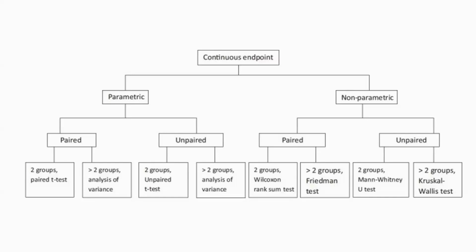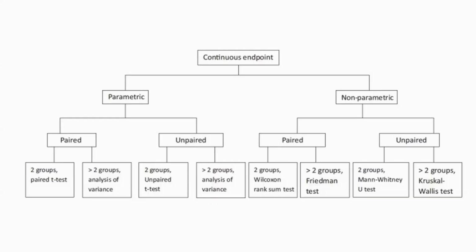In parametric also, again, the design of the study, whether it's a paired or an unpaired design, matters. If it's paired, you can use something called a two-group paired t-test, or you can use an analysis of variance. We are not going to go into the technique of these. We have shared reading material with respect to the technique, but the important thing is the guiding principles that can help you decide what to choose. Similarly for unpaired, you can have the unpaired t-test and the analysis of variance again.